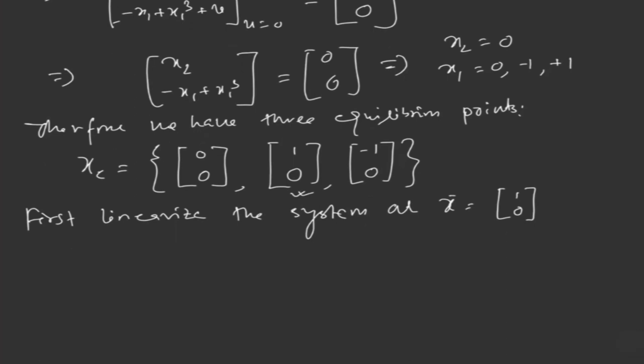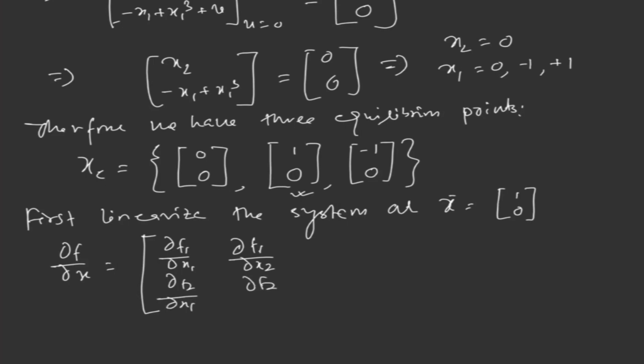So we have the Jacobian matrix dou f dou x, which we can write as dou f1 dou x1, dou f1 dou x2, dou f2 dou x1 and dou f2 dou x2.